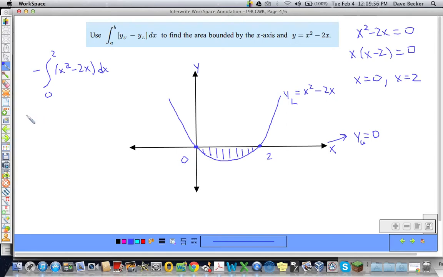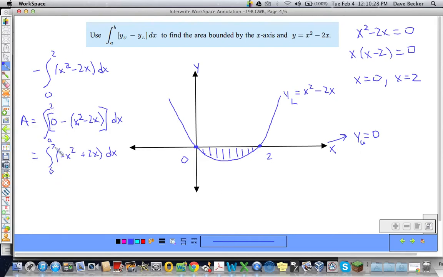So I could write this as area equals the integral of 0 minus, don't forget the parentheses, x squared minus 2x dx. With a little bit of algebra, that's equal to the integral of negative x squared plus 2x dx. And I forgot to put the bounds on there, from 0 to 2.